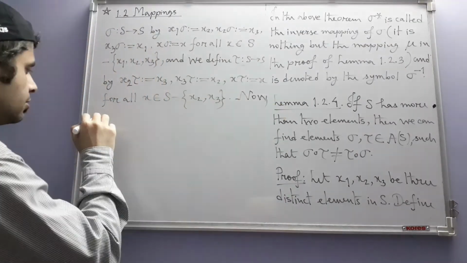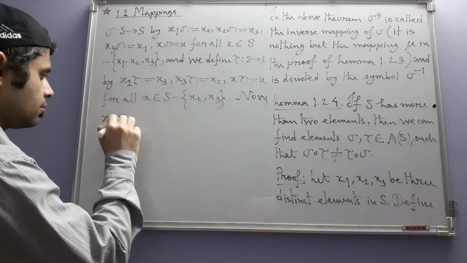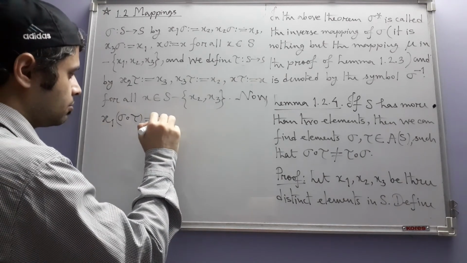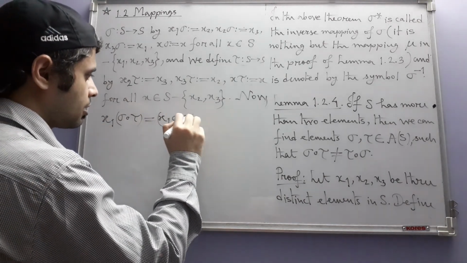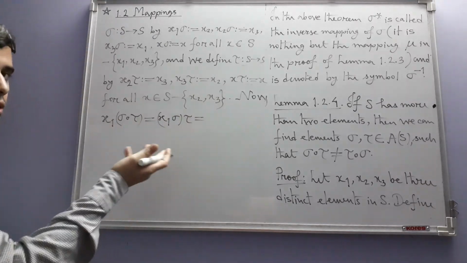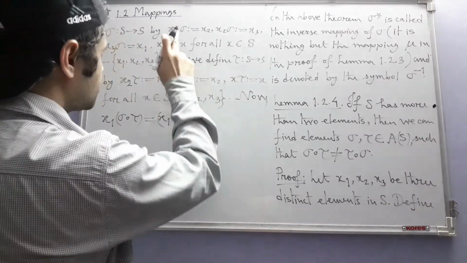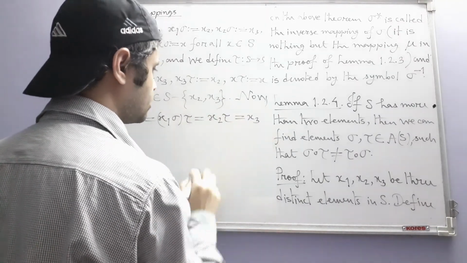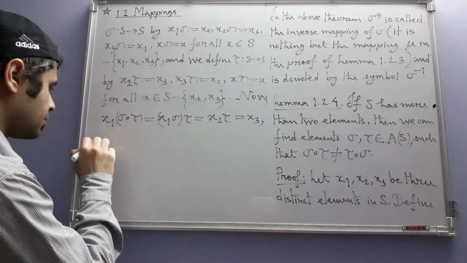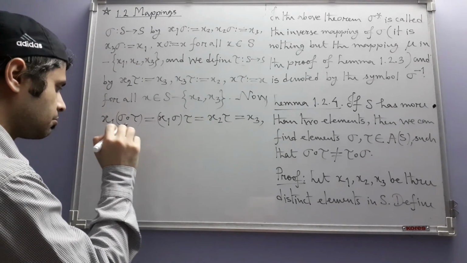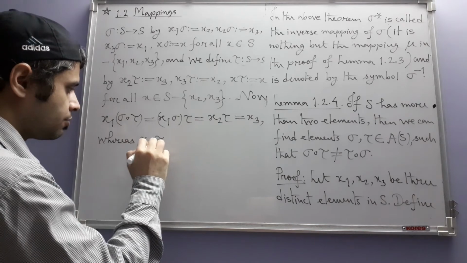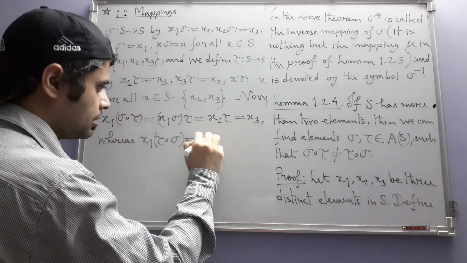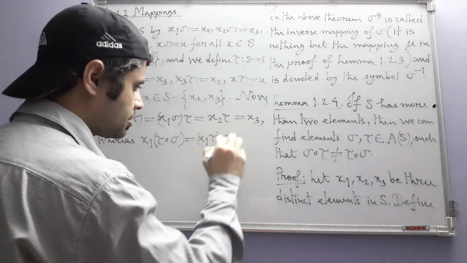Now let us calculate x1, the image of x1 under sigma composition tau. x1 sigma tau, we have already calculated this type of things. So x1 sigma is x2 and this is equal to x3, whereas x1 of tau composition sigma is x1 tau sigma.